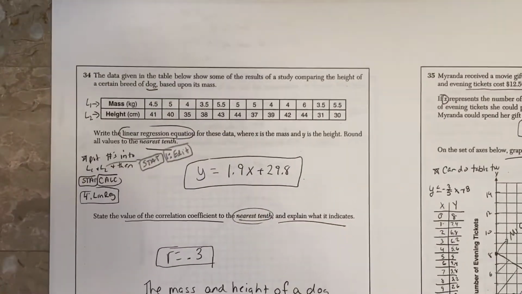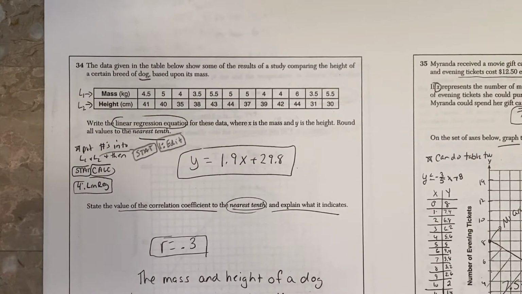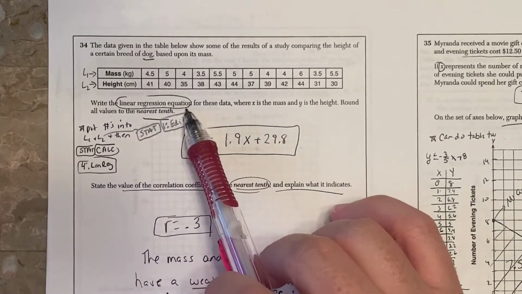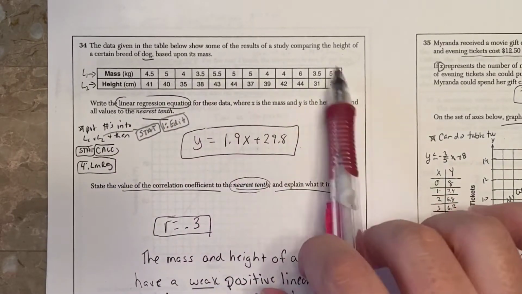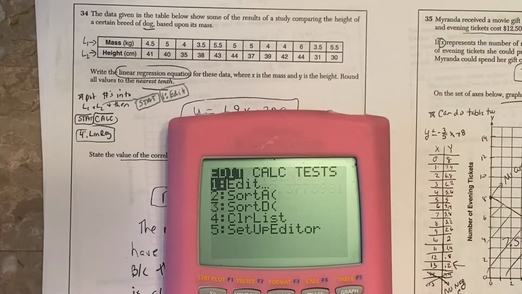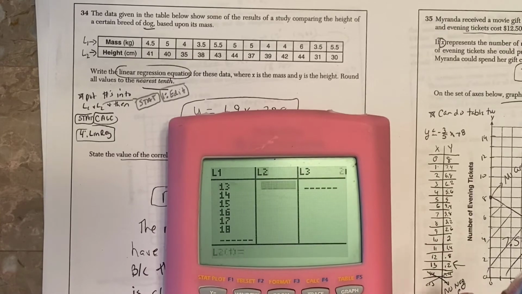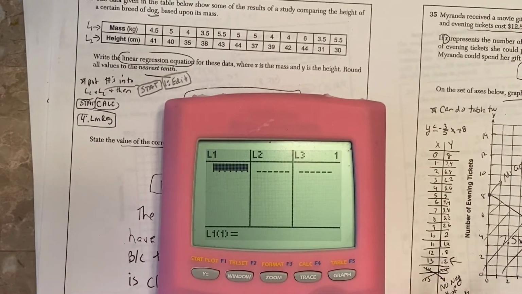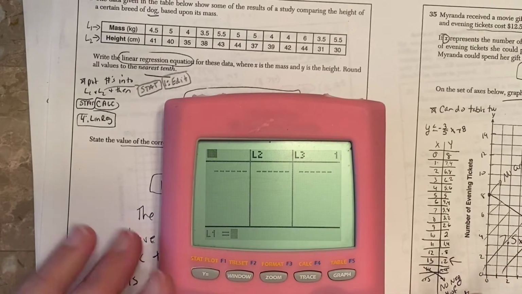34. The data given in the table below shows some of the results of a study comparing the height of a certain breed of dog. Yay, dogs. Write the linear regression equation. You just plug all these numbers into L1 and L2. I guess I'll show this one because I didn't really go through the other one. I pressed stat, went to 1, and cleared out by going up, pressing clear, and coming down.